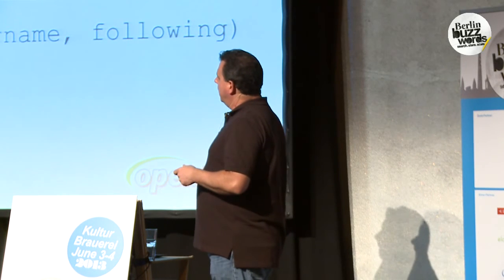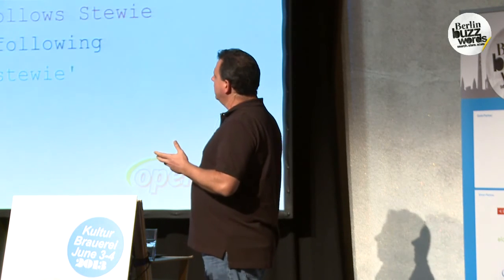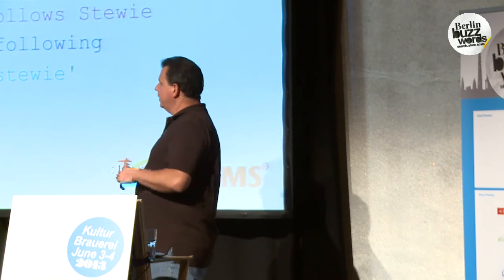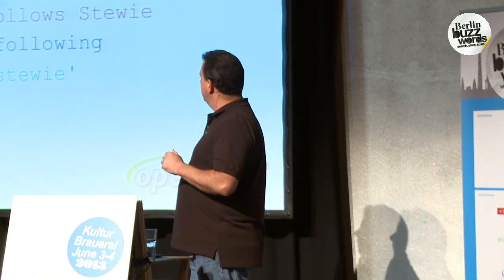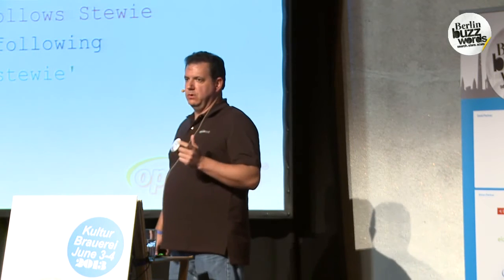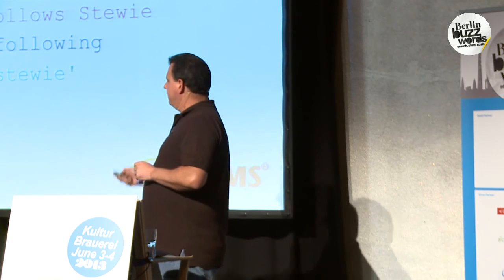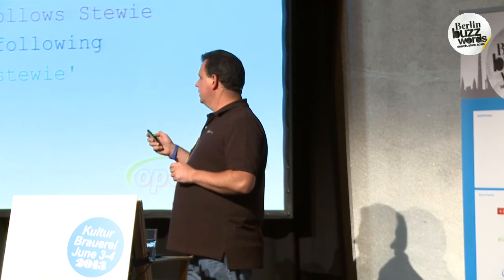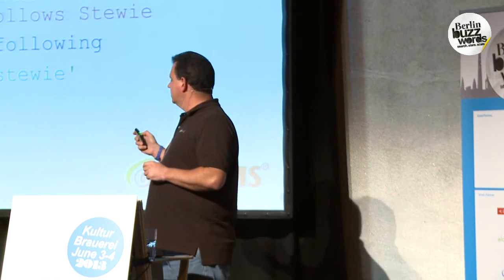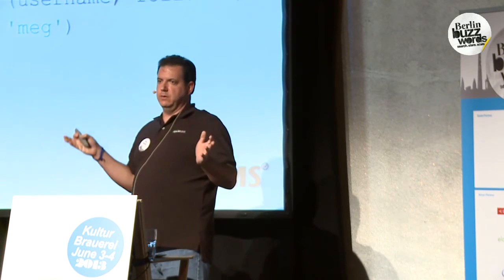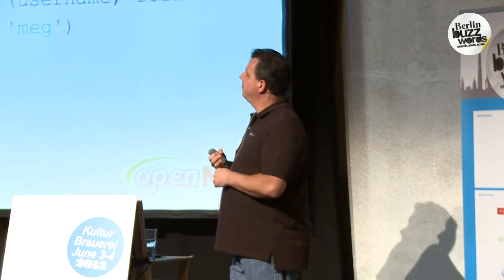So it works the same way. We can do an insert here that says, where username is Stewie, Meg is someone who follows Stewie. And then if we do the query, select followers from following where username equals Stewie, then we get a list of the people who are following Stewie.